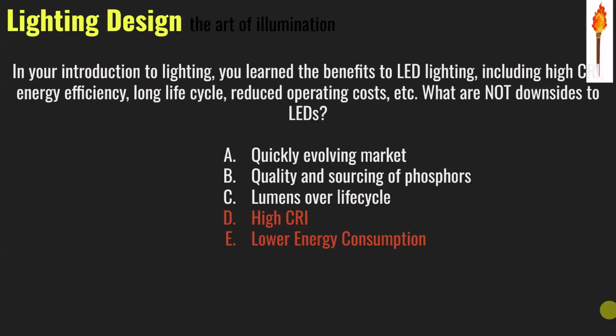They're just so dim that they're not useful anymore. Yes, exactly. Where they cut it off for the life of an LED is when it reaches 70% of the original light output. Lumens over life cycle has to do with that versus the life cycle ending abruptly. Okay, it's 70%. So a 30% decrease of the original light output.